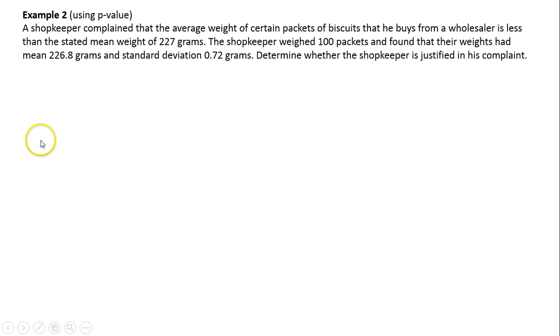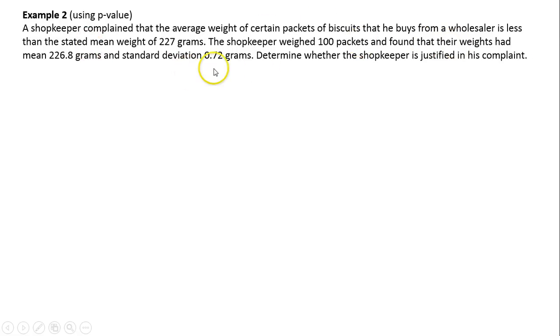Example 2. A shopkeeper complained that the average weight of a certain packet of biscuits that he buys from a wholesaler is less than the stated mean of 227 grams. The shopkeeper weighed 100 packets and found that their weights had mean of 226.8 and standard deviation 0.72.